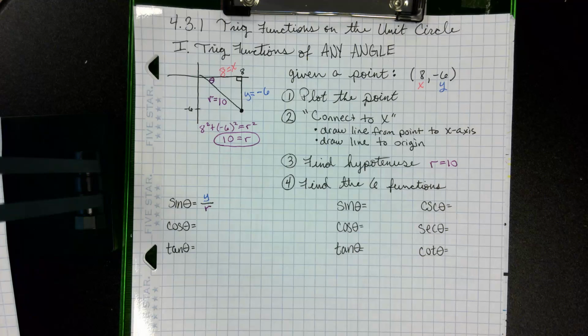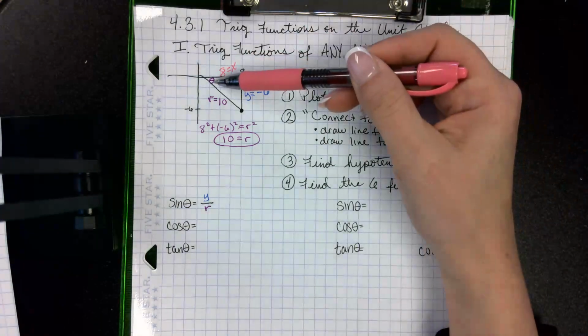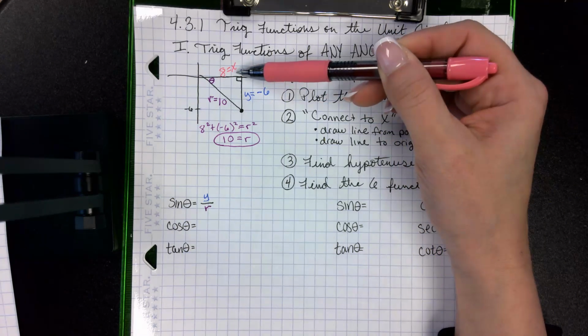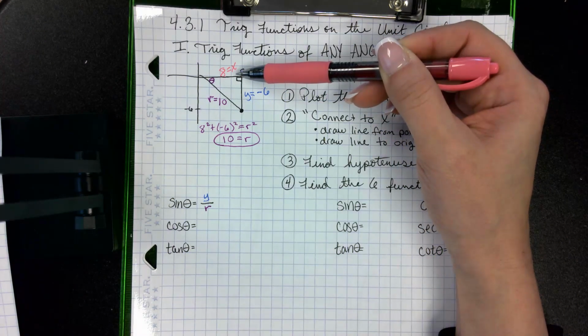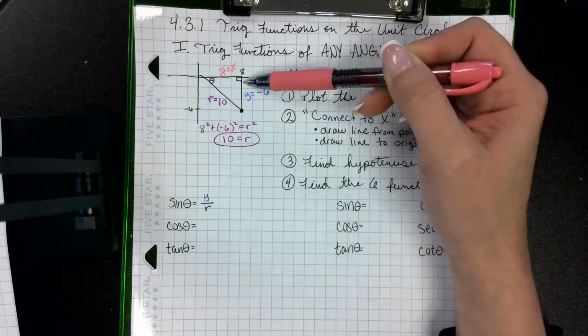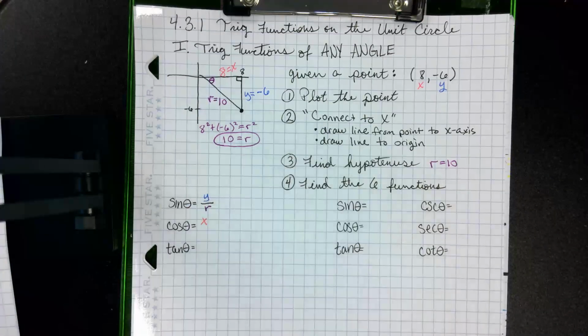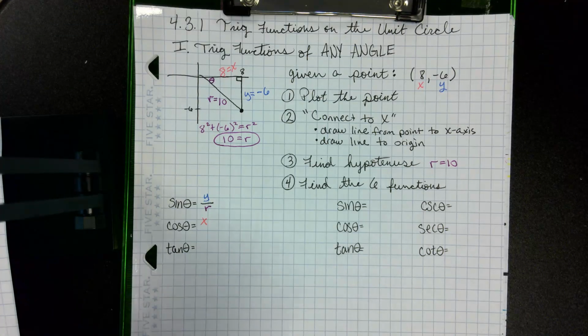And then cosine. Cosine is adjacent. So from angle theta, the adjacent leg of the triangle will always be along the x-axis, so the x distance. So x over hypotenuse, which we just named r.